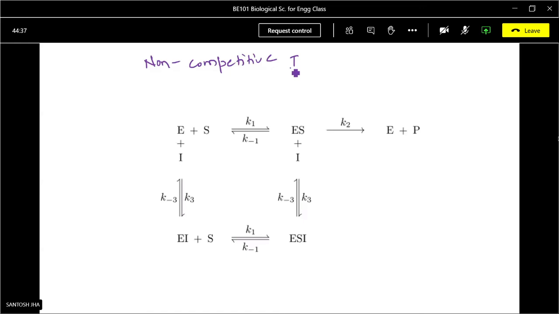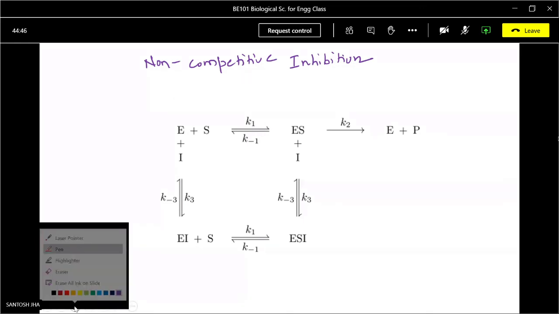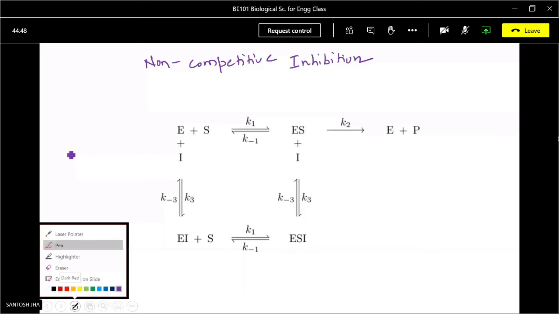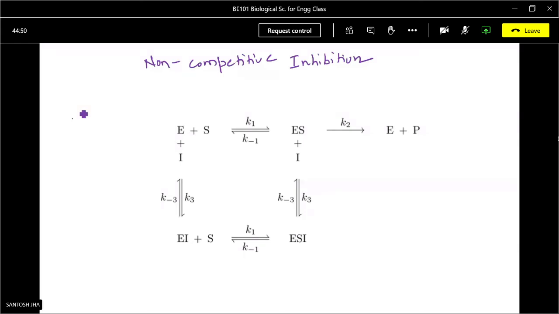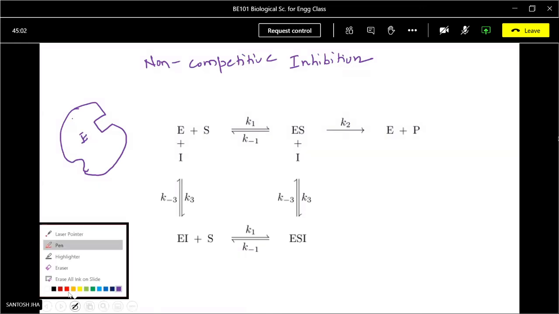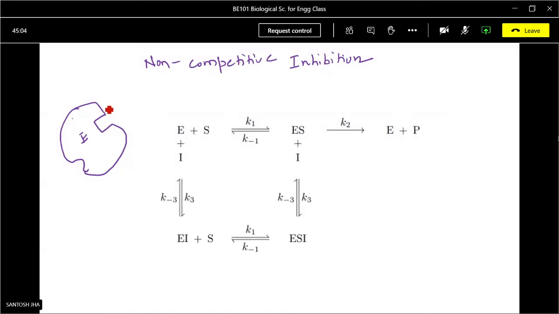Third type is the non-competitive inhibition. So in non-competitive inhibition, suppose this is the structure of the enzyme, and it has a site.